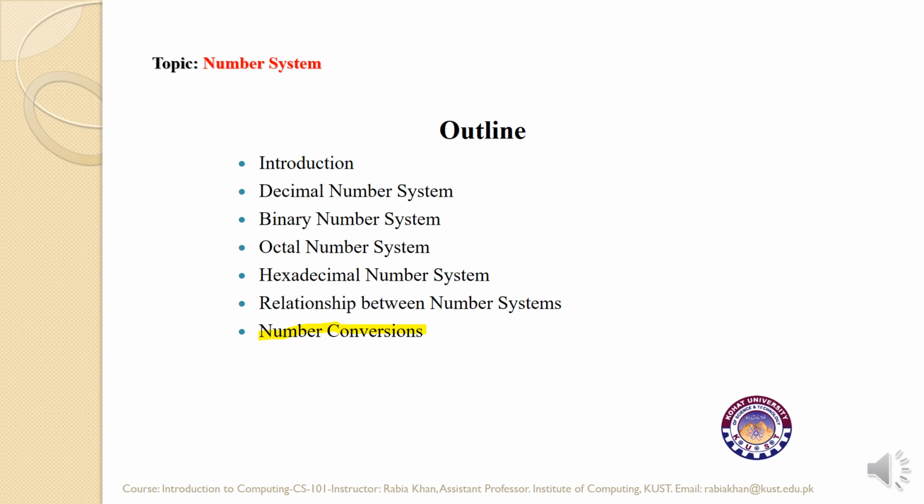In today's lecture, we will be talking about the conversion from octal to decimal number system. This is the first conversion for the octal number system that we are going to perform. So let's proceed with the method of how we can perform this type of conversion.